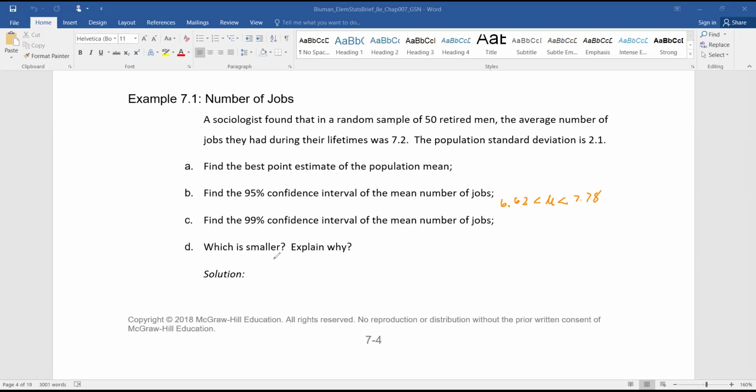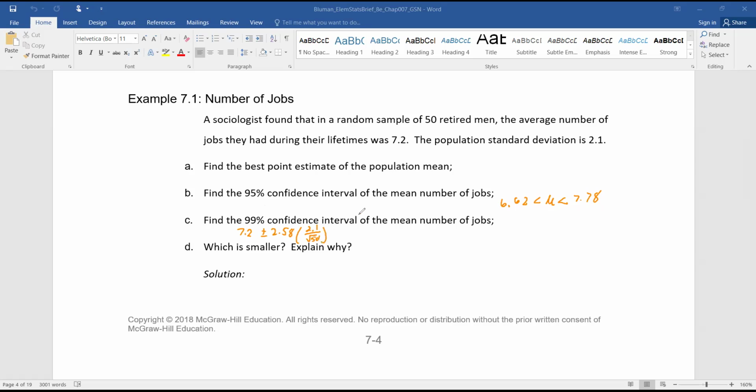All right. So let's do it again with a 99% confidence. Again, that's going to be the sample mean, 7.2, plus or minus the 99% z-score. According to the table, it was 2.58 times the standard deviation of 2.1 divided by the square root of 50.